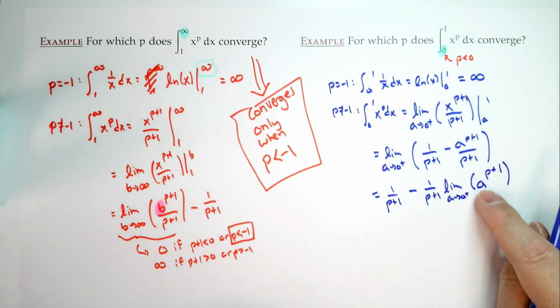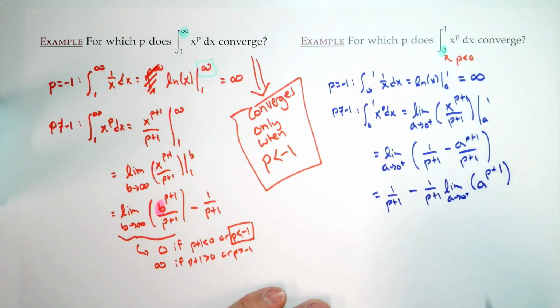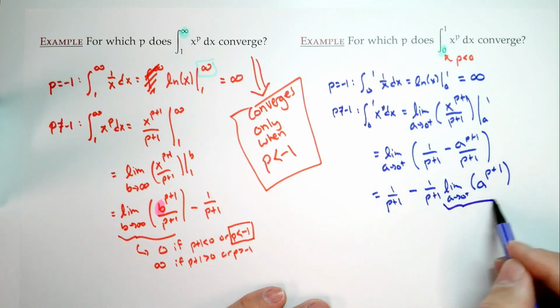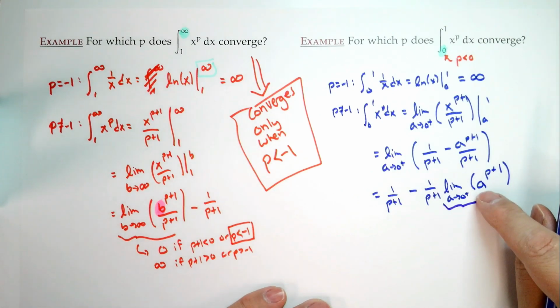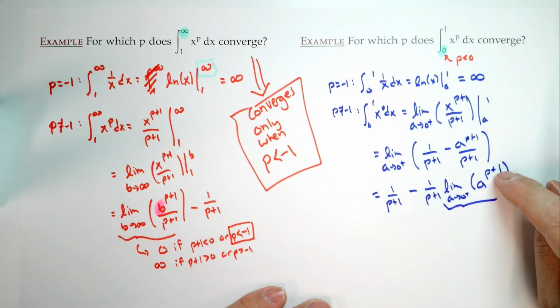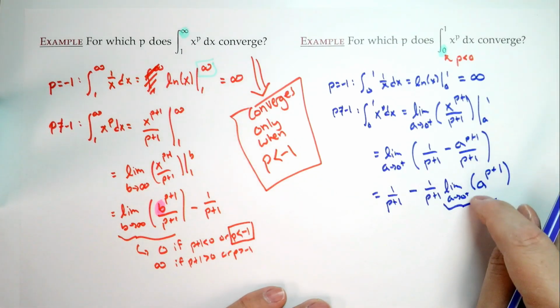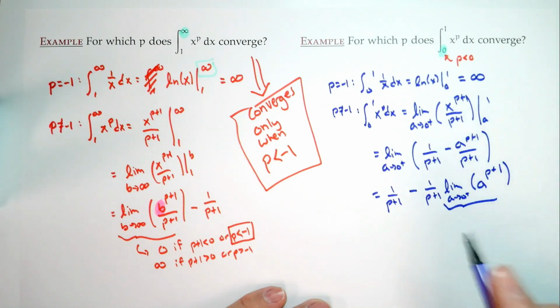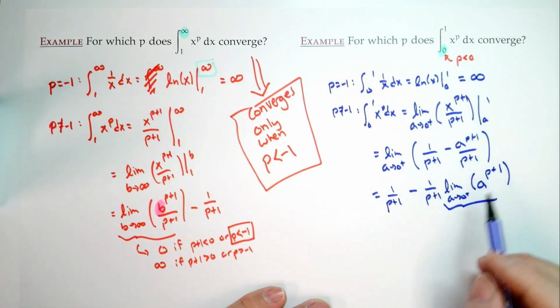Now a is a tiny number. So what's the case here is that if I have a tiny number and I raise it to a positive exponent, then that's going to go to 0.